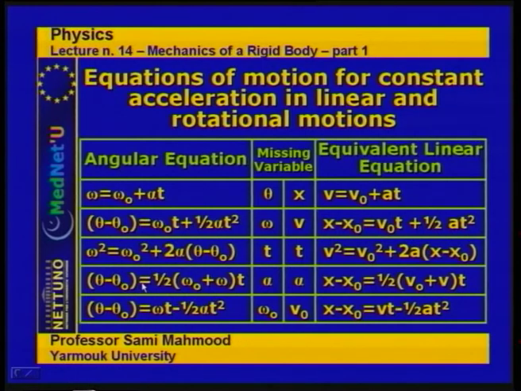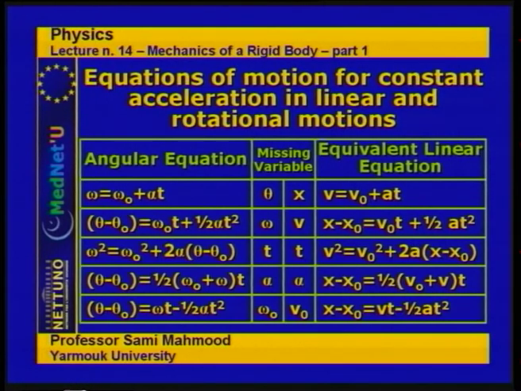Now, those are 2 equations that give us the facility to solve for one of the unknowns at a time, but the motion involves, as we said in the translational case, 5 different variables, which are omega, omega naught, alpha, t, and delta theta, which is the displacement.